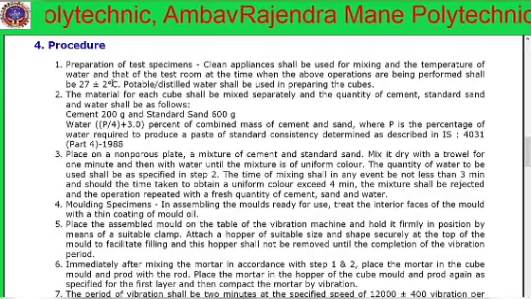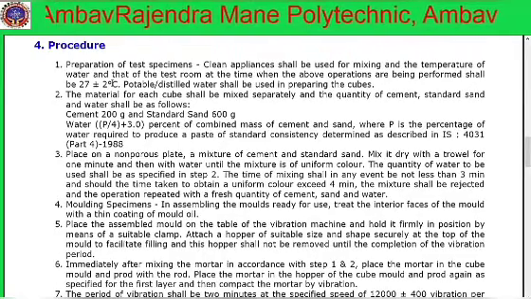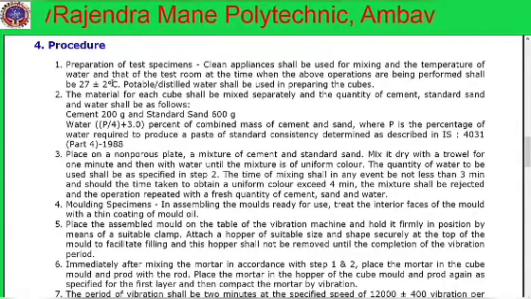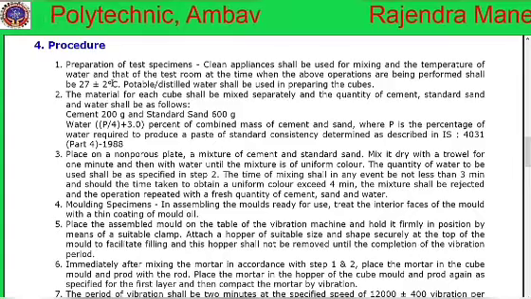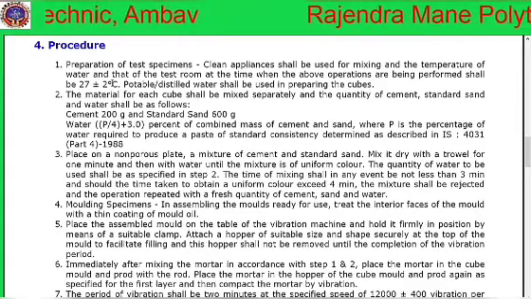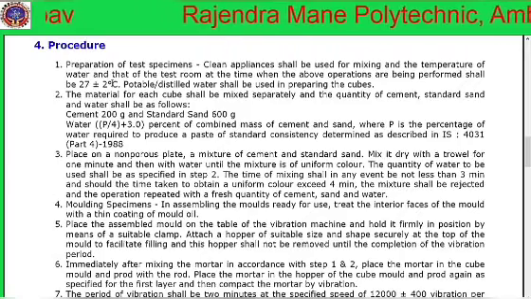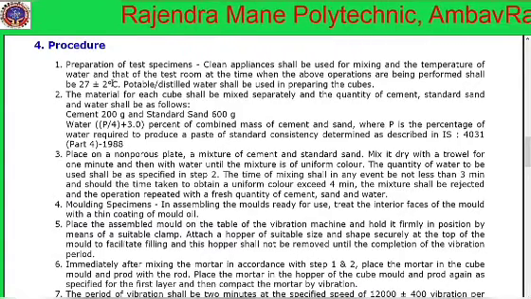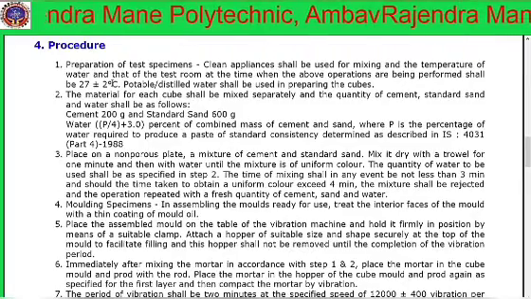P is nothing but the standard consistency of cement, that means the water required to prepare a consistent paste of cement, as we discussed in the first practical. Then mix these three ingredients thoroughly till the mixture is of uniform color.